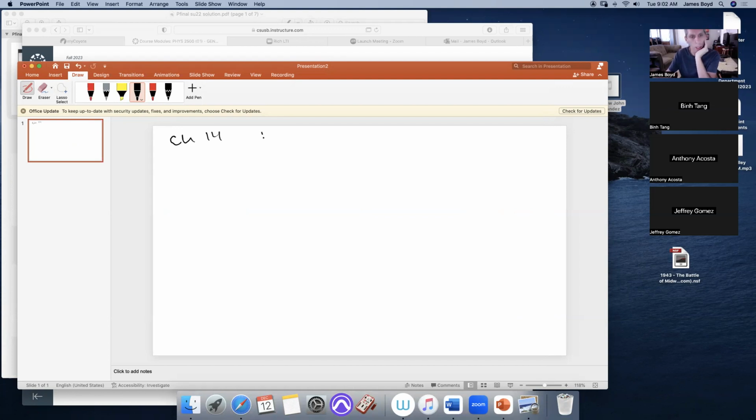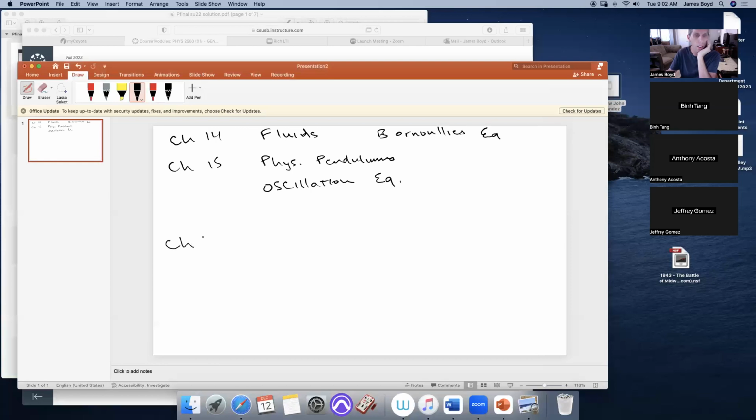Chapter 14, which is fluids and Bernoulli's equation. From chapter 15, we have physical pendulums and the oscillation equation. And then our last thing is Kepler orbits and gravity.